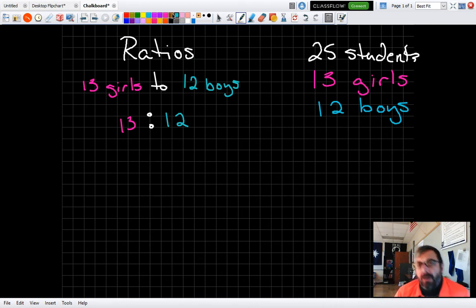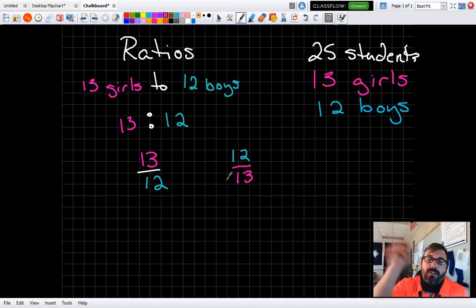Most common way that we represent ratios, though, is as a fraction. So 13 girls to 12 boys. Now, of course, I could inverse these ratios as well. It could be represented just as easily as 12 boys to 13 girls.